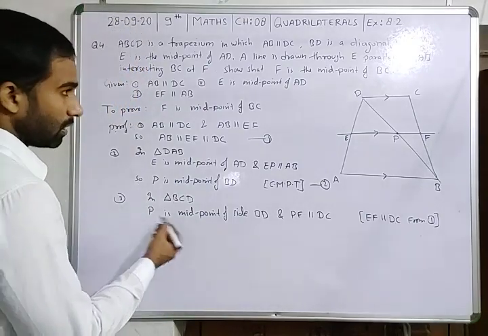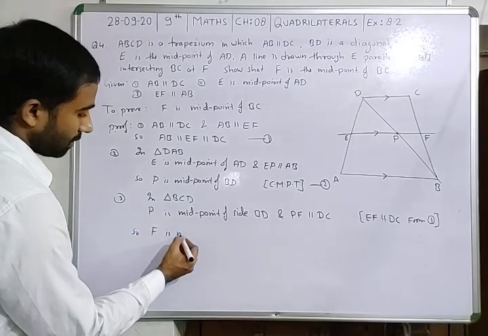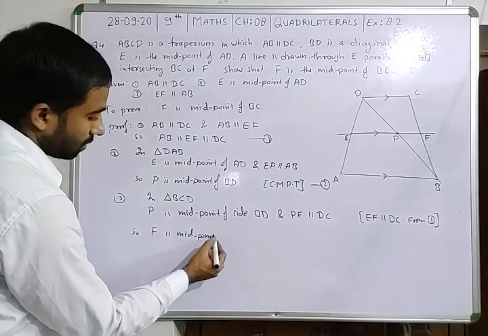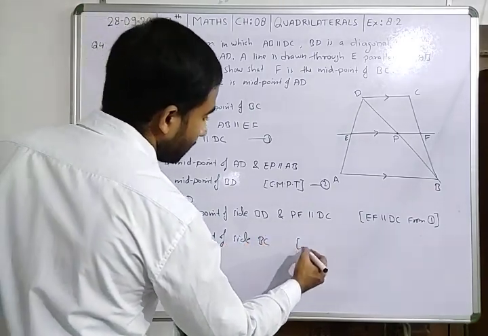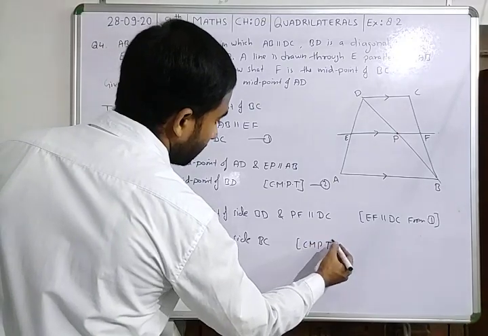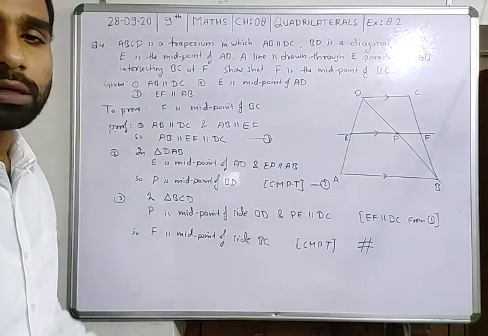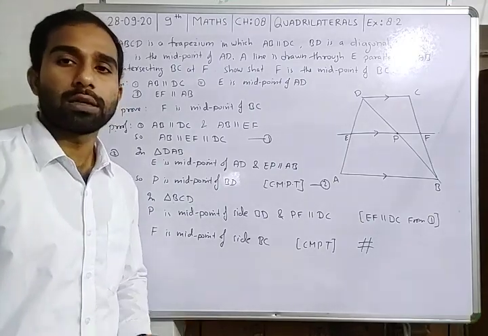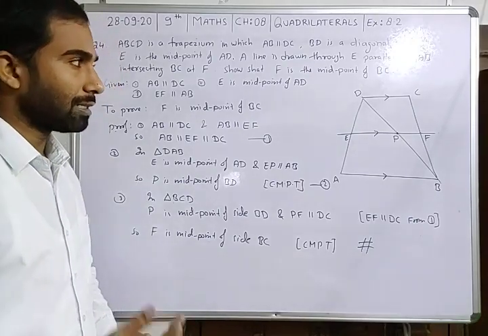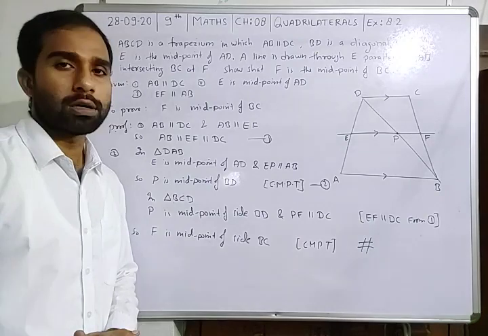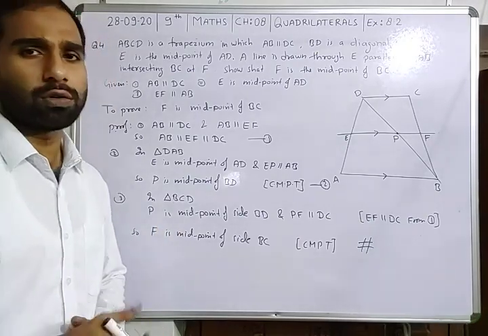So here we can write F is the midpoint of side BC by the converse of the midpoint theorem, hence proved. I hope you understood. These are only properties; if you remember the properties, you can solve the questions quite easily. In the next lecture I hope we will complete this chapter, because 3 or 4 questions remain.